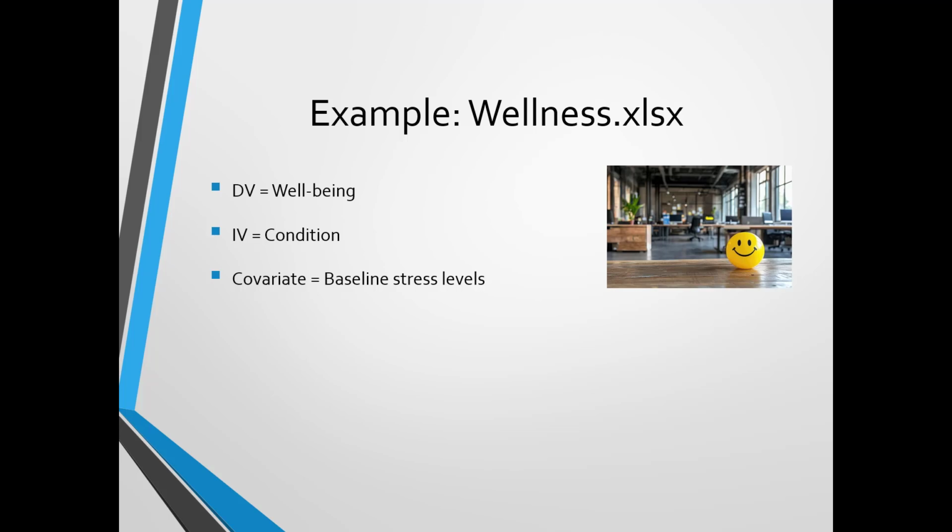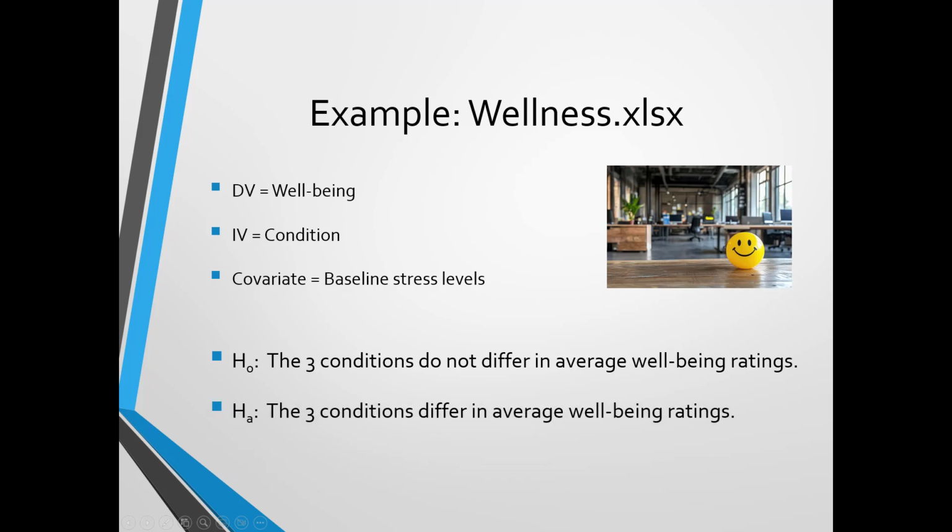Considering these variables, let's talk about hypotheses. First of all, the null hypothesis would say that those 3 conditions for your independent variable did not differ in well-being ratings on average. And then the alternate hypothesis would say that there actually was some sort of a difference in average well-being ratings across those 3 conditions.